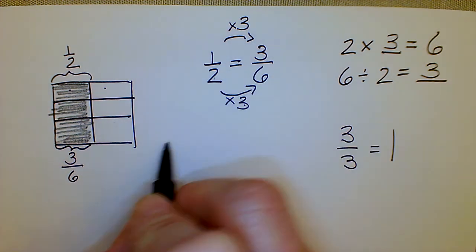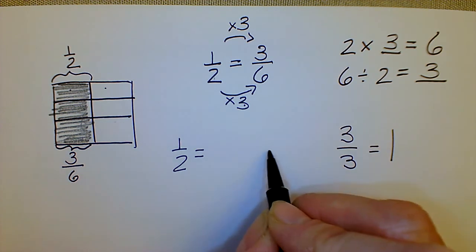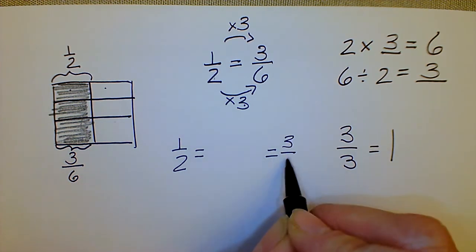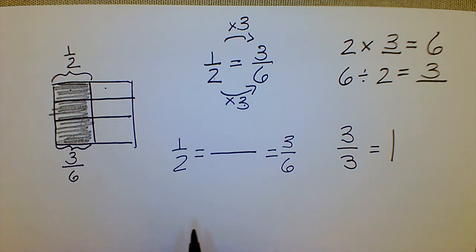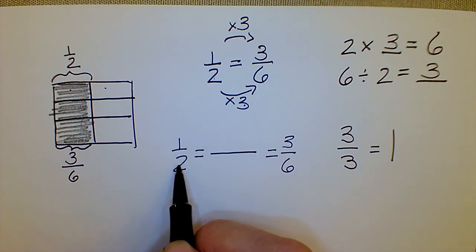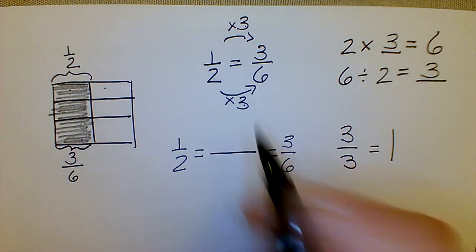So instead of writing it like this, we're going to say that 1/2 is equal to, we're still going to end up in the same place, 3/6. But instead we're going to do something in the middle here, which is to turn this 1/2 into 3/6, I need to multiply it times 3/3. And that's really what we have here: I'm multiplying the top by 3 and the bottom by 3.